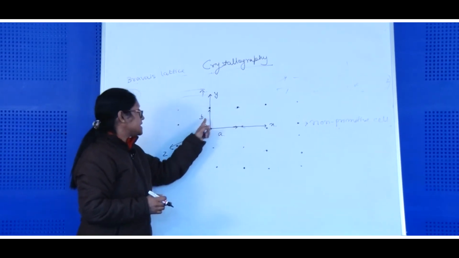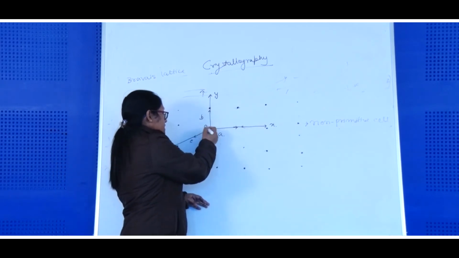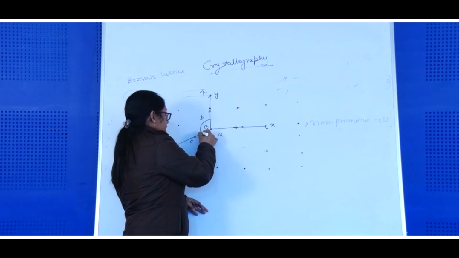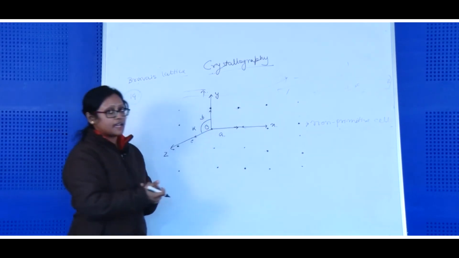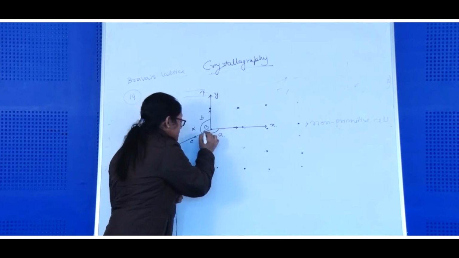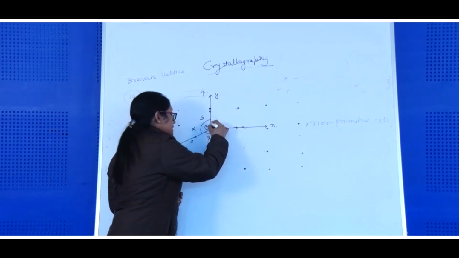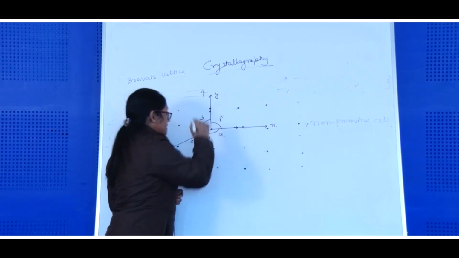These a, b, c are called lattice parameters. The angle opposite to a I denote by alpha, the angle opposite to b by beta, and the angle opposite to c by gamma.